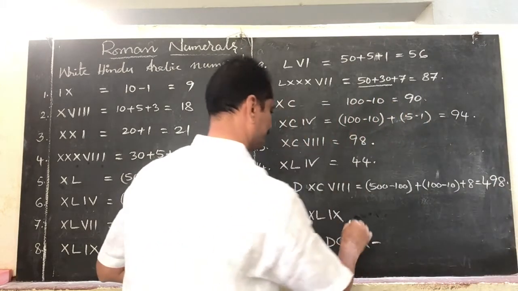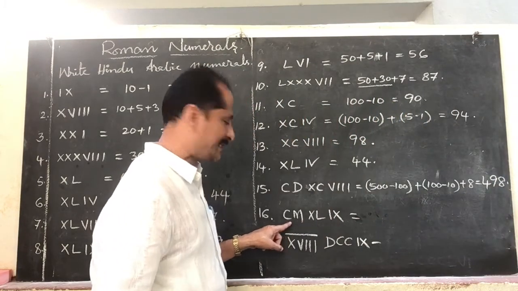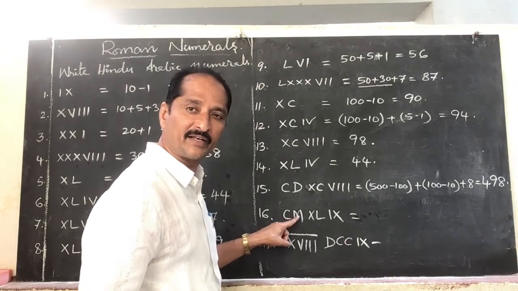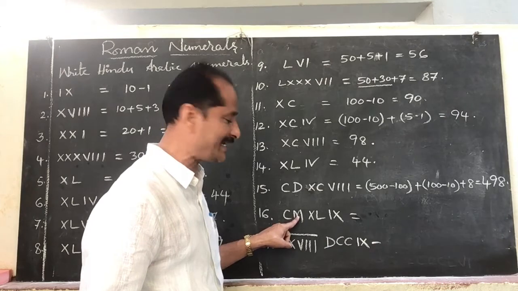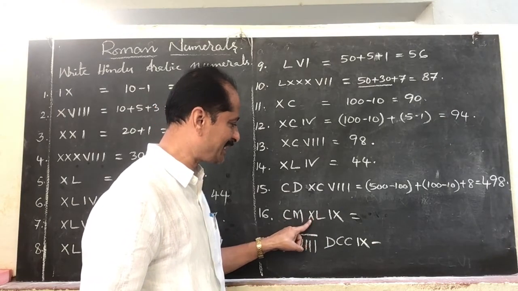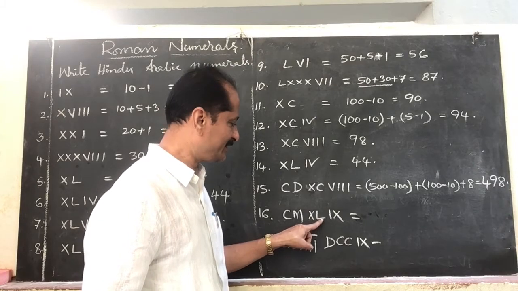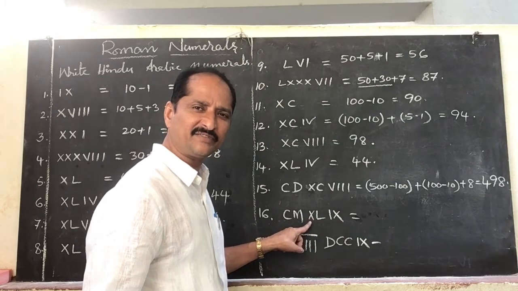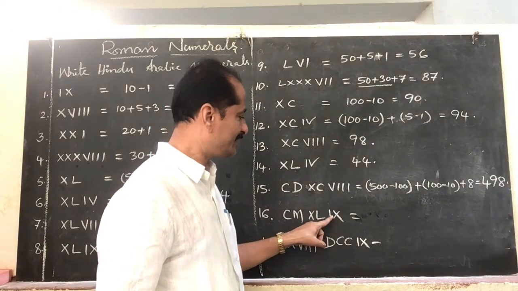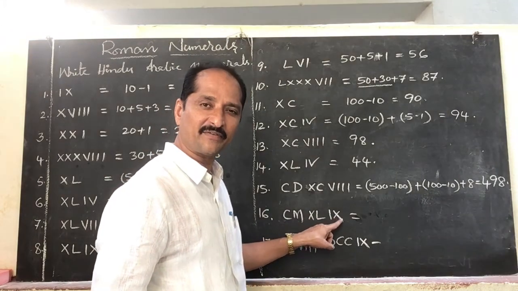Next. Here. Check CM and XC. The smaller symbol is written on the left side of a greater symbol. That is to be subtracted. 1000 minus 100. Here also XL means X is a smaller number, L is the greater number. So the smaller symbol is written on the left side of the greater symbol. That is to be subtracted. That means 50 minus 10. Here also the smaller symbol is written on the left side of the greater symbol.